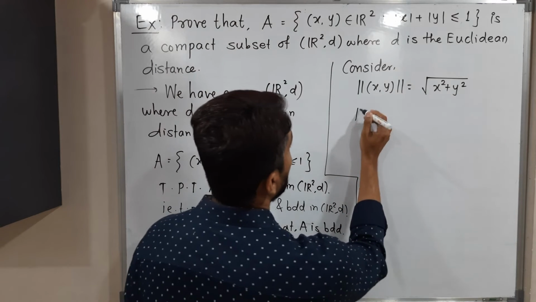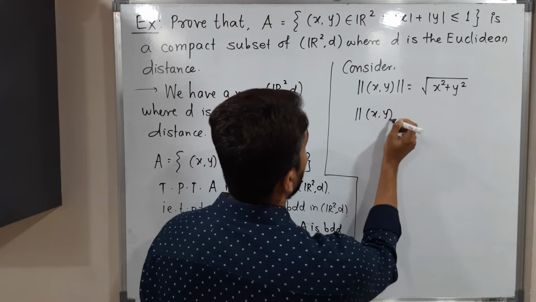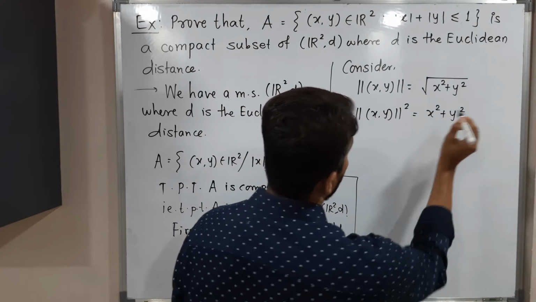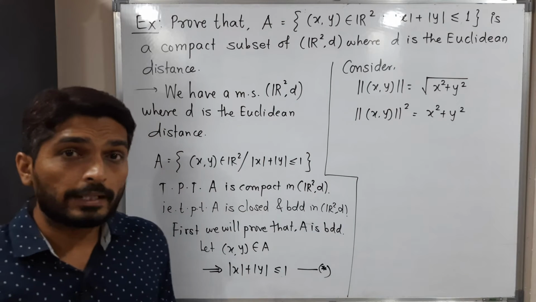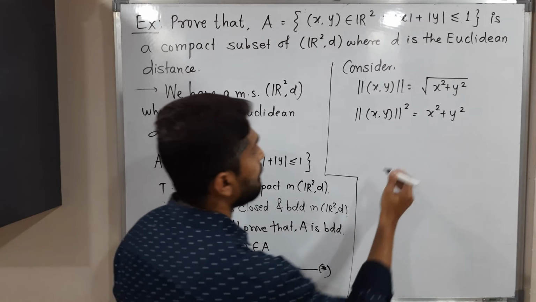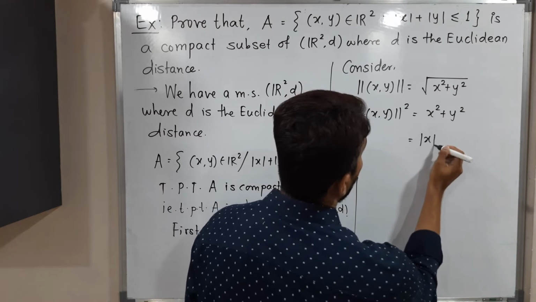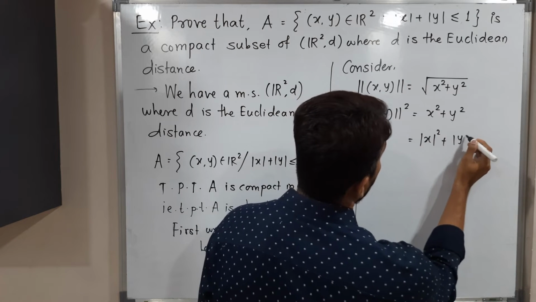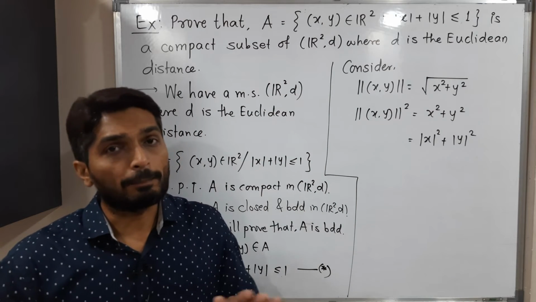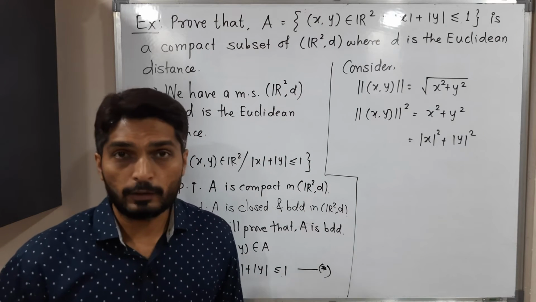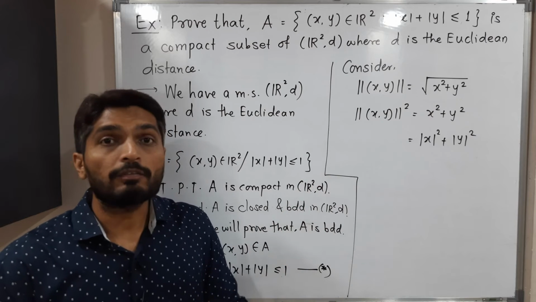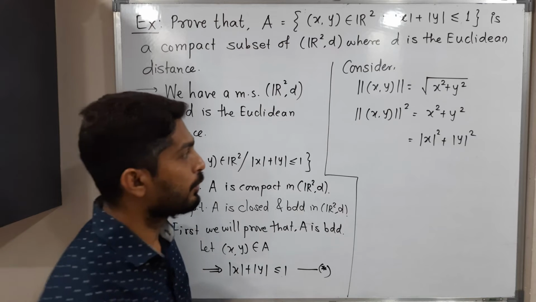So it will be norm (x, y) squared is equal to x squared plus y squared. You know that a square always gives a positive value. So if you apply mod, we will have the same value, |x| squared plus |y| squared. Actually, there is no need of mod. If you apply mod, then also you will have a positive value. If you don't apply, then also you will have a positive value. But it is a part of adjustment. So that's why I'm using mod here.